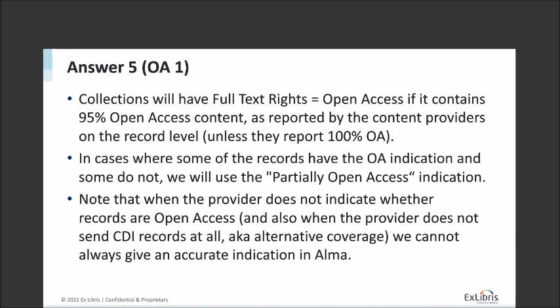We need to remember that, as with all the metadata and the indications on the records, we rely on the provider indications on the source, on what we get. So our threshold here is 95%.